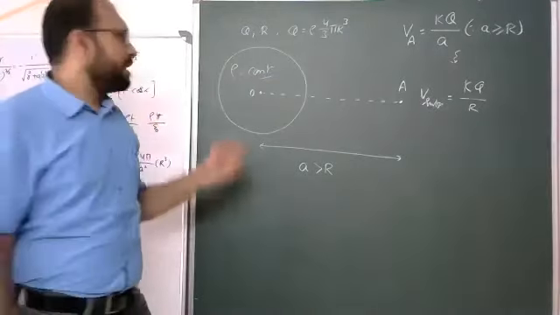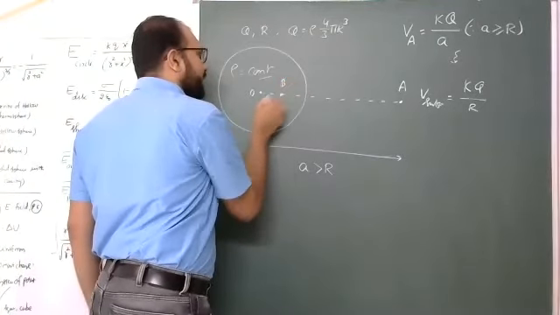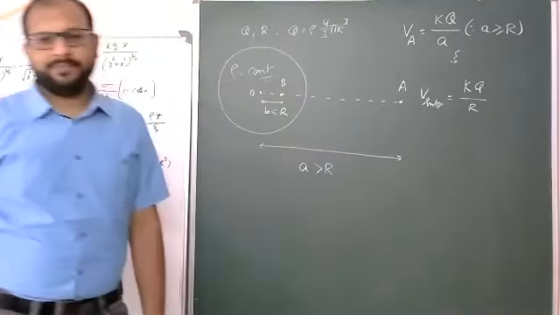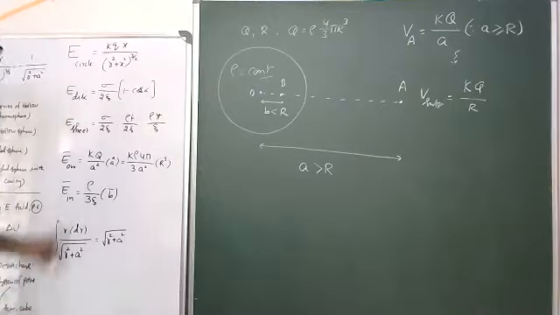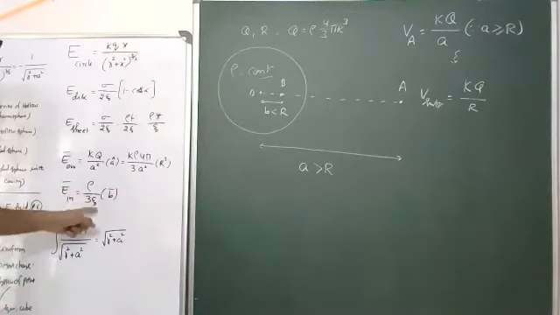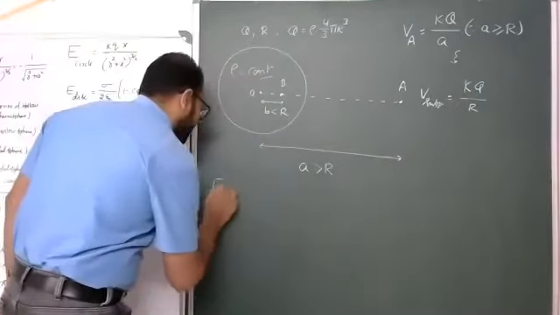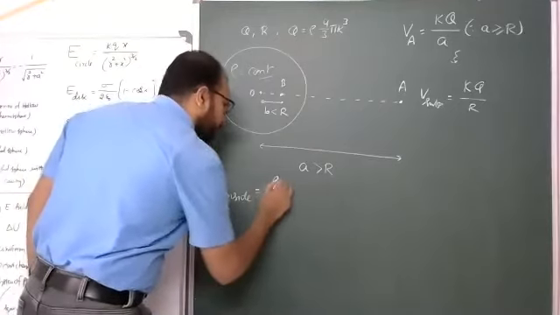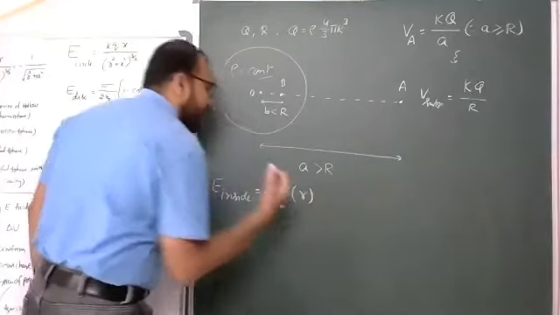But now students, coming to inside, point number B, at a distance small b less than capital R, I am taking. Yes, so students, yesterday we derived this: electric field inside equals rho by 3 epsilon naught into small r.